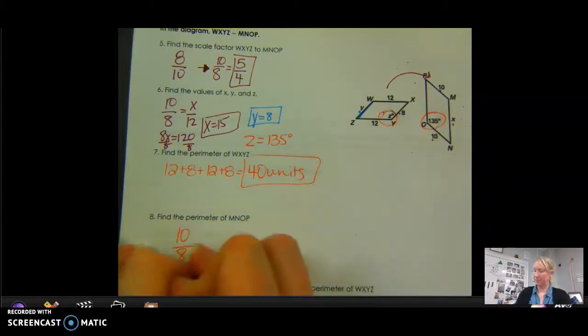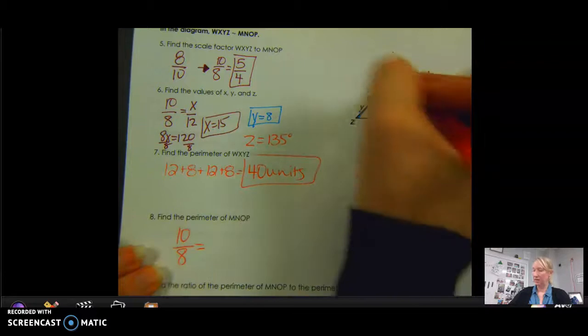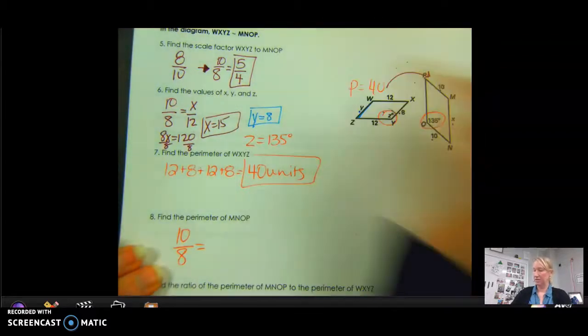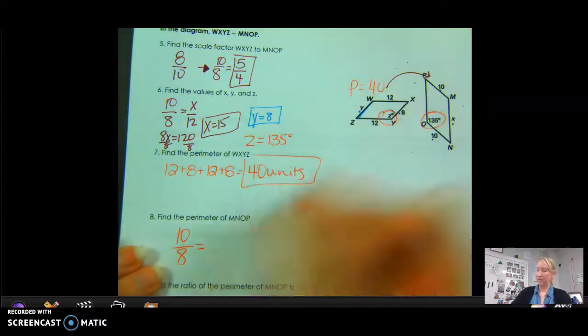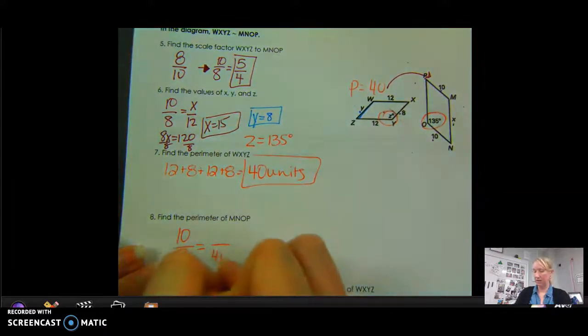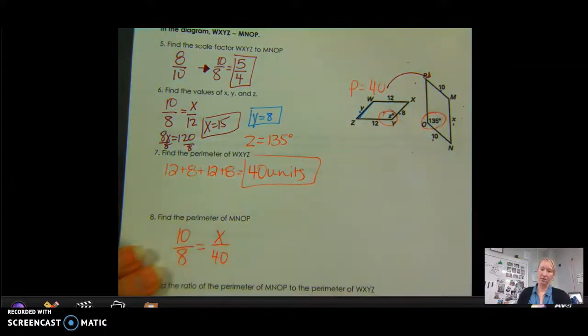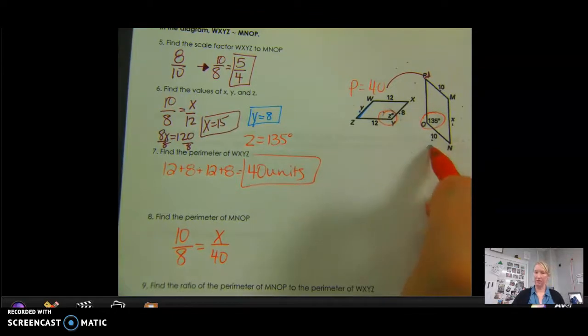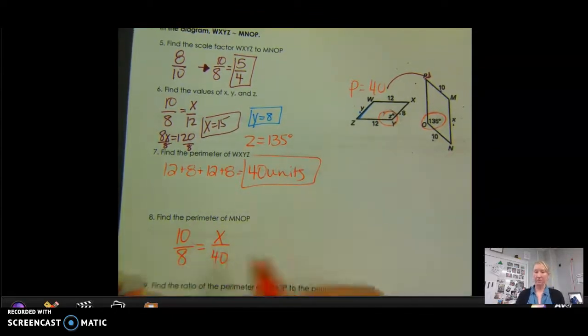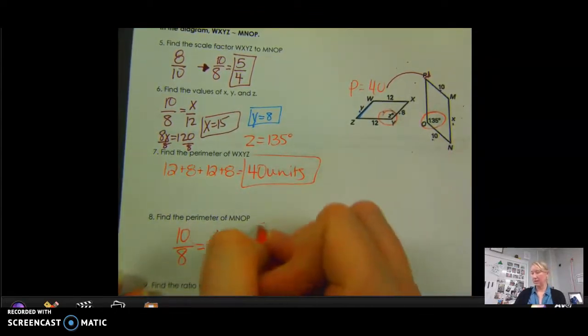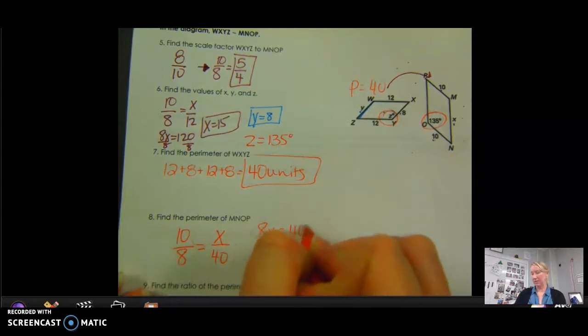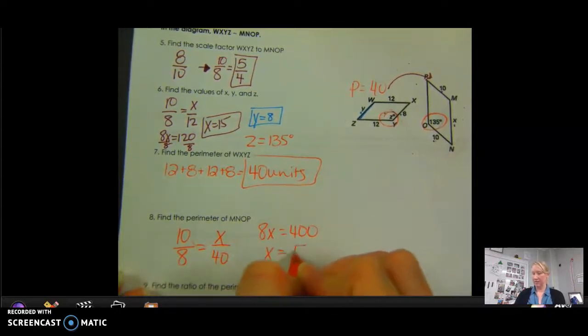We know that this has a perimeter of 40, and that is on the figure across from the 8. We want to find the perimeter of the figure that has the 10. So we're going to set it up like a proportion and cross multiply. We get 8x equals 400. So x equals 50.